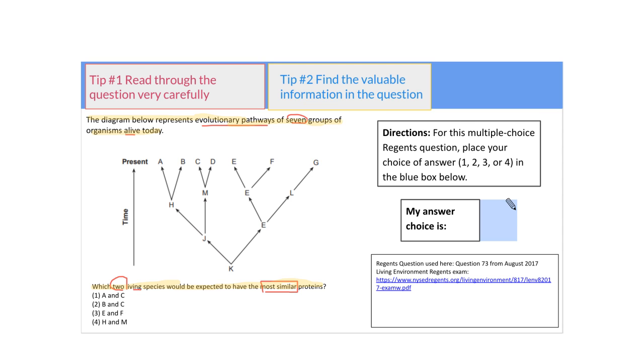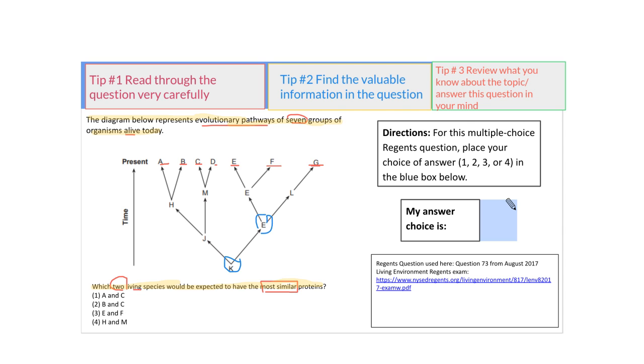Okay, tip number 3: review what you know about this topic and answer the question in your mind. From what I learned in the lab this week, I know that the notes are just telling me that these A, B, C, D, E, F, G organisms did have a common ancestry. But the farther the letter is, the farther that common ancestry is.